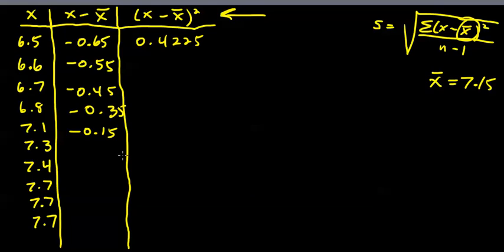Oops, 0.05, 0.3, positive 0.15, 7.4 subtracting 7.15 gives me 0.25, and the last three entries in the second column are the same because the data points are the same, positive 0.55, positive 0.55. Alright, so that looks pretty legible to me.